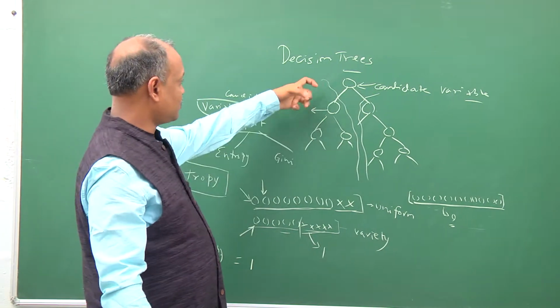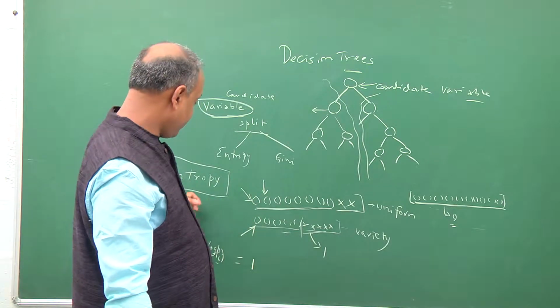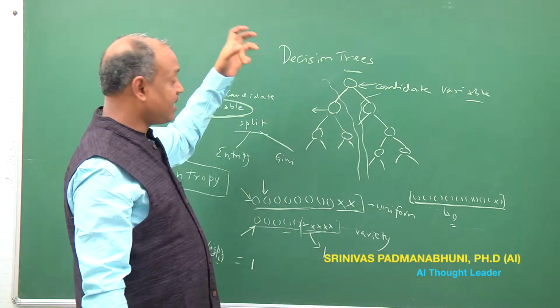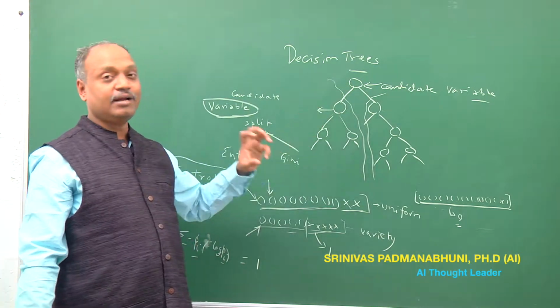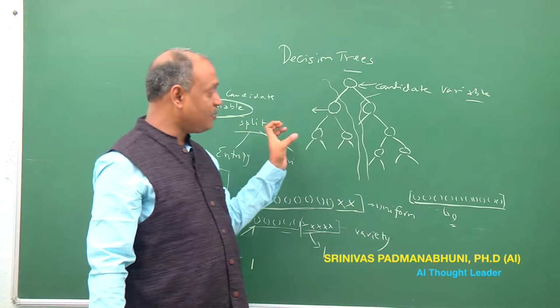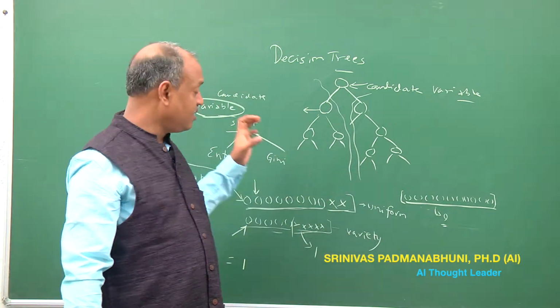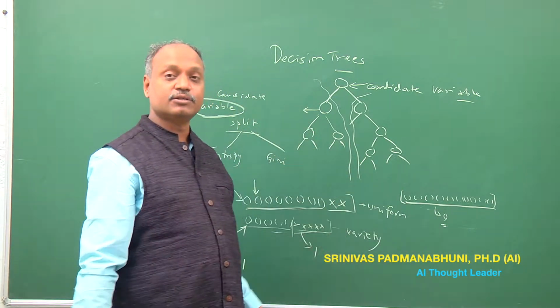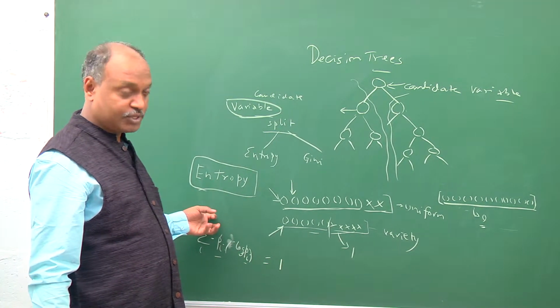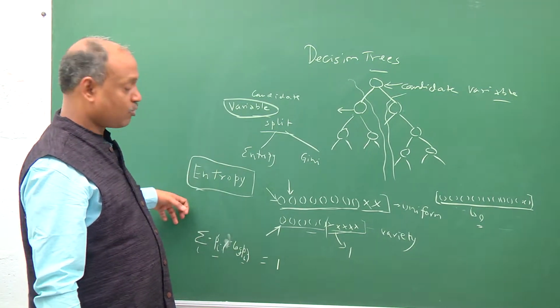Suppose you have two variables, x1 and x2, one of them gave 0.5 and another gave 0.6. The one which is 0.6 will be the candidate choice for splitting. So at any point you probably have multiple candidate combinations for splitting the solution space, but we use the one which gives you the maximum information gain, which is the change in entropy.